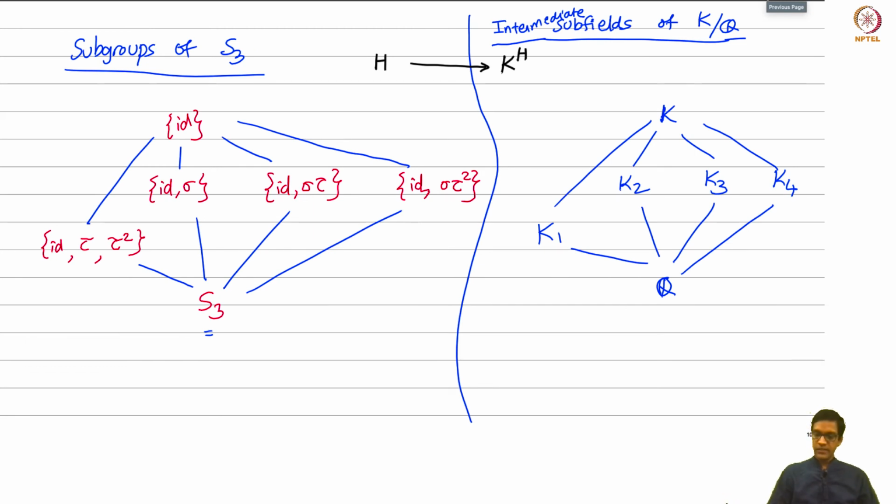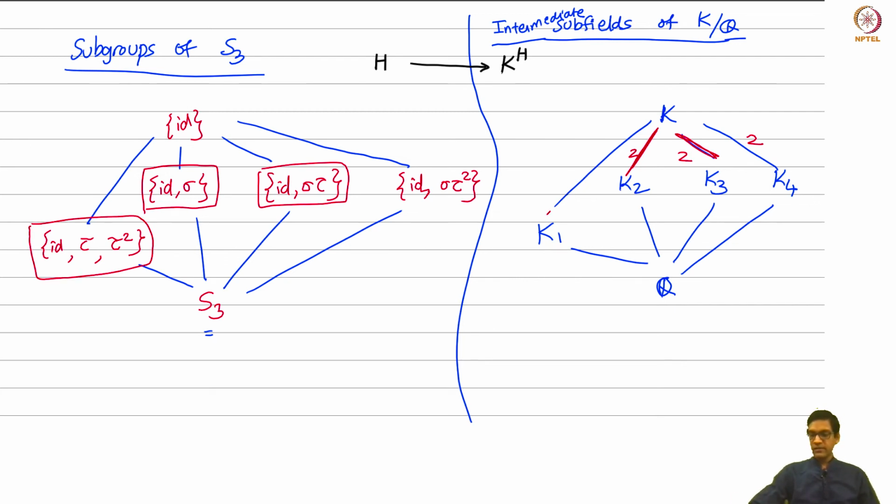Let's look at the subgroups. These are the three subgroups whose cardinality is 2. Identity with sigma has cardinality 2, so K over K2 must have degree 2. Similarly, this extension must have degree 2. Now this is a subgroup of cardinality 3, therefore this extension must have degree 3. That's what we conclude.